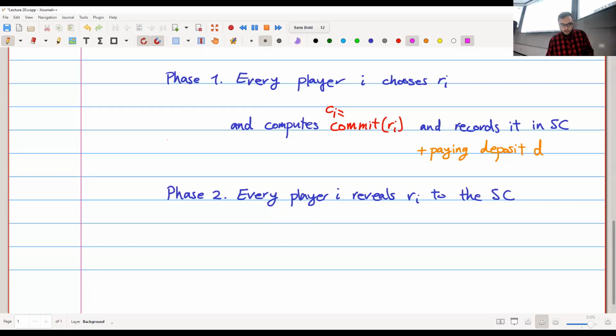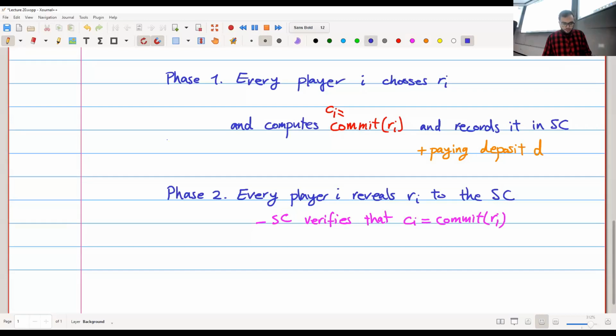So the smart contract, SC, verifies that CI is really a commitment to RI. Because I want to make sure that this player has not changed the value of RI. And otherwise, if the given RI is wrong, then they will lose their deposits.